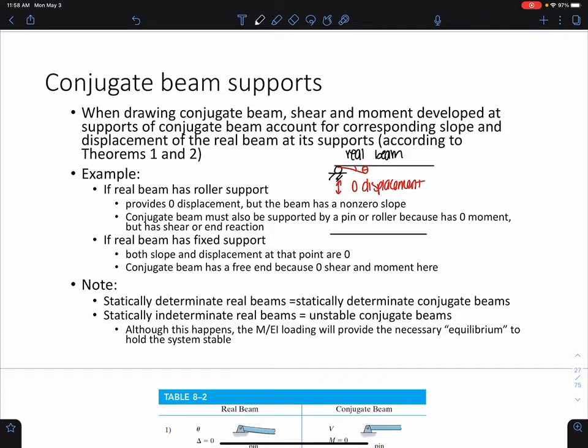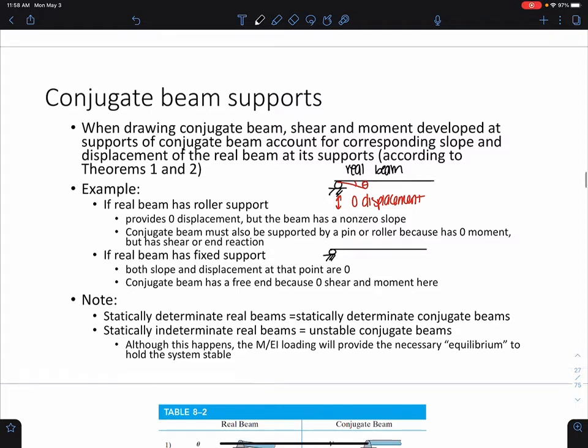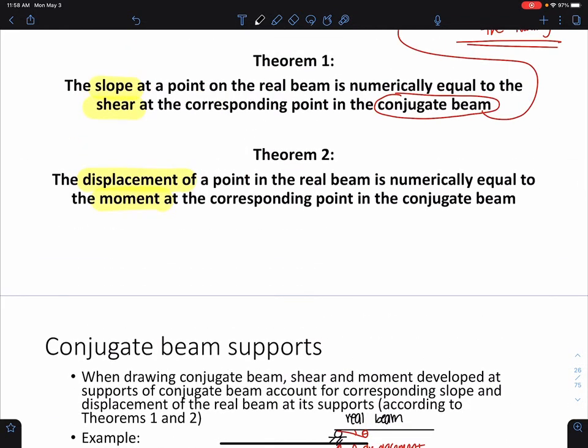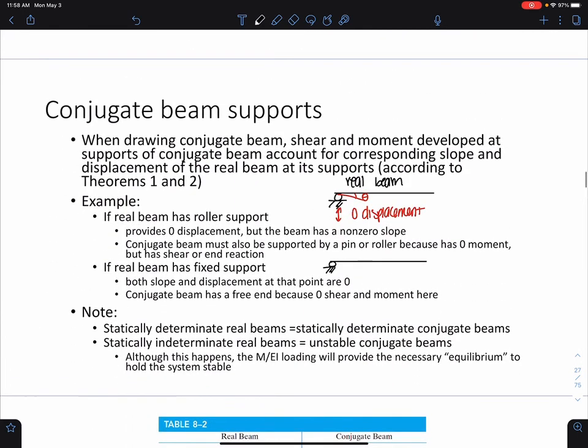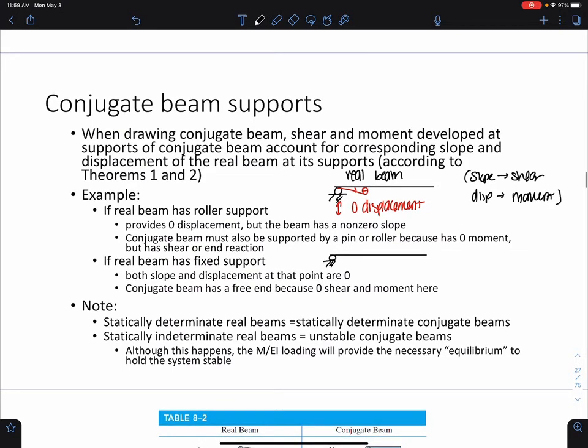So because we have 0 displacement, 0 deflection, we also need to add a pin or a roller to be consistent. Because remember here, our slope is like our shear, our displacement is like our moment.